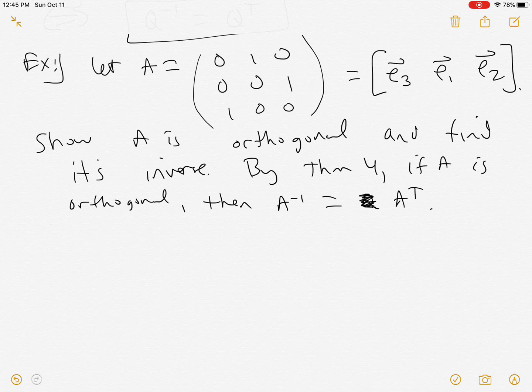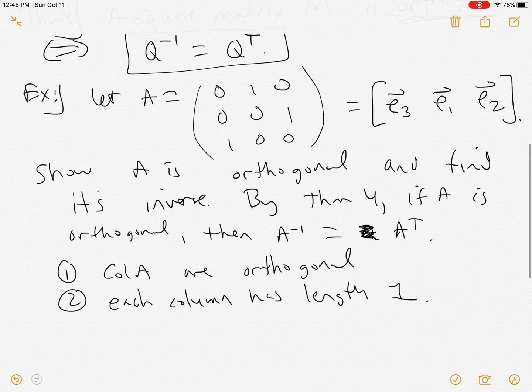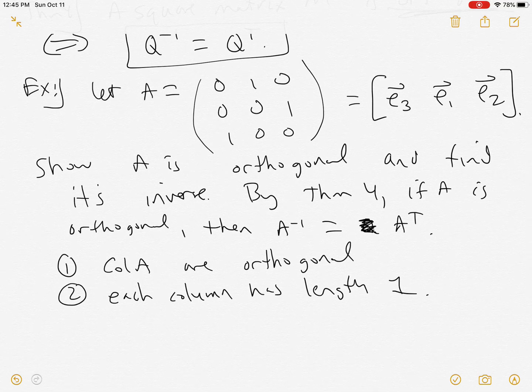So we need to show 1, the columns of A are orthogonal, and 2, that each vector or each column has length 1. Well, there's only one entry in each column, and it's 1, so this one checks out without any work. It's trivial.